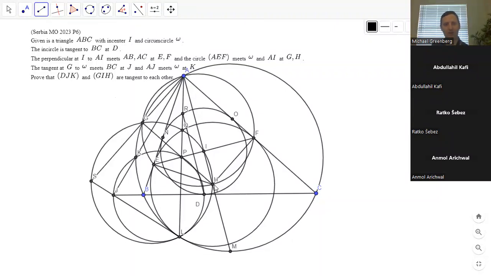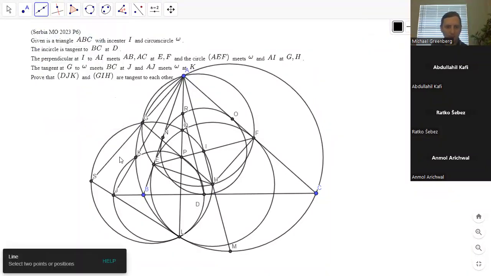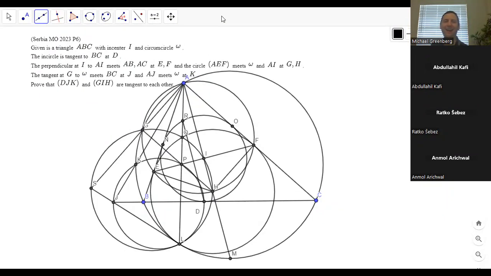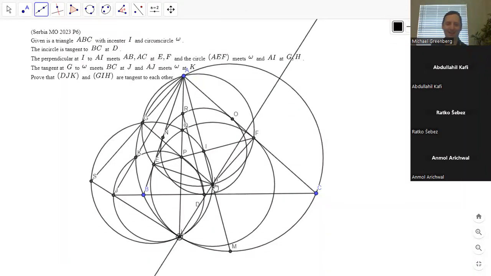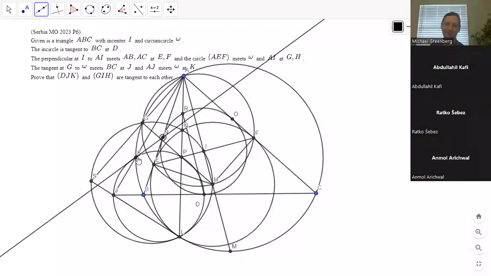It's crazy. Okay, so GeoGebra is awesome. I think that's the lesson, either awesome or terrible, depending on how you look at it.